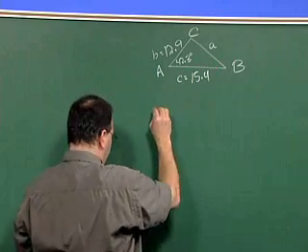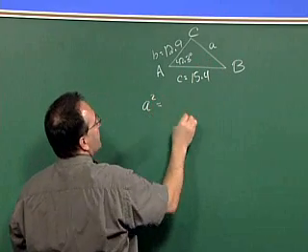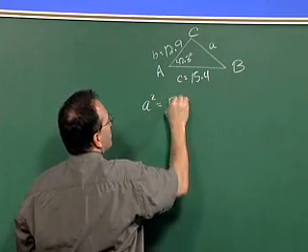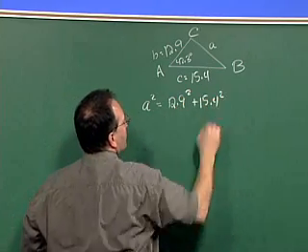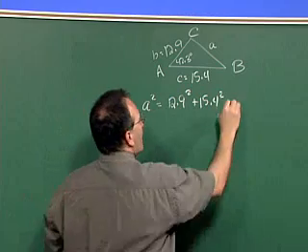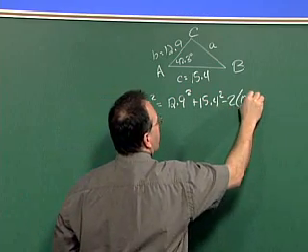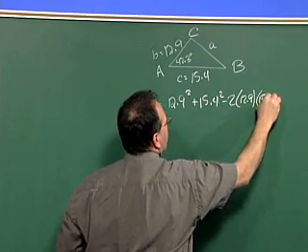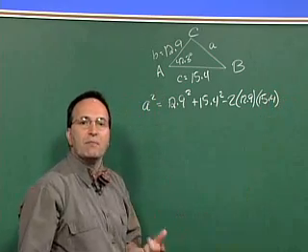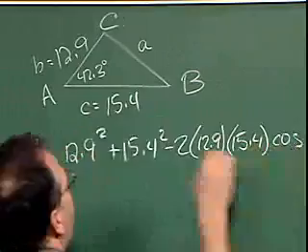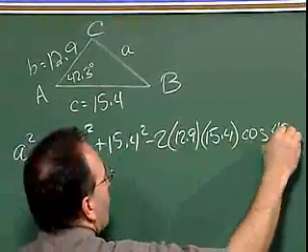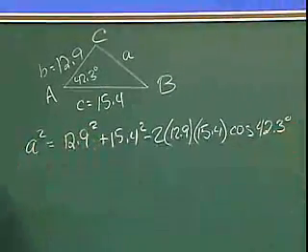We can say that A squared is equal to B squared, 12.9 squared, plus 15.4 squared, which is C squared, minus 2 times B times C, and then multiply that by the cosine of angle A, 42.3 degrees.